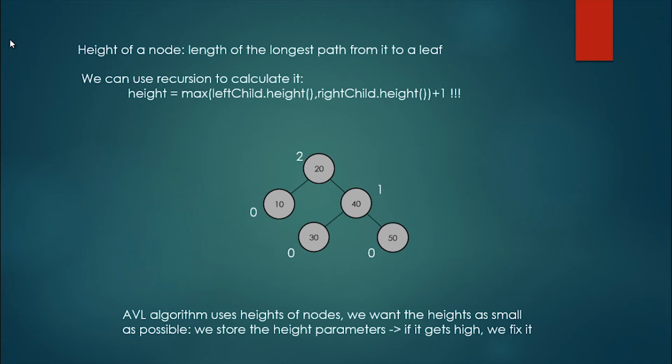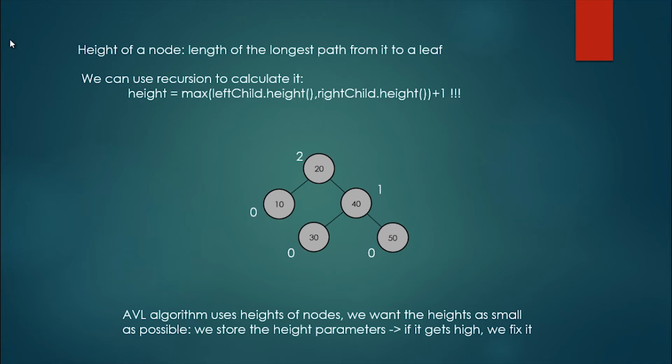So when implementing this algorithm, we are going to have a class for each node, and in this node we will have a private field variable height, which is going to represent these height numbers. And I said earlier that we have to make rotations when the difference between the height of the right child and the height of the left child is greater than 1, the absolute value of this.